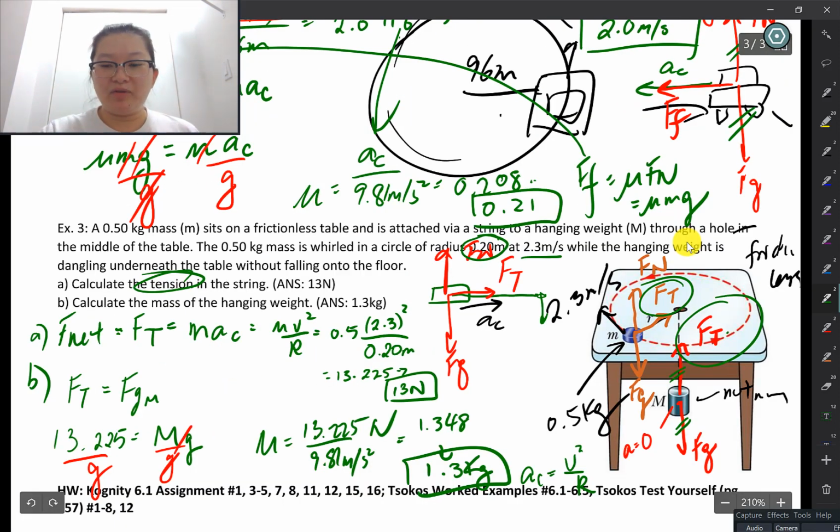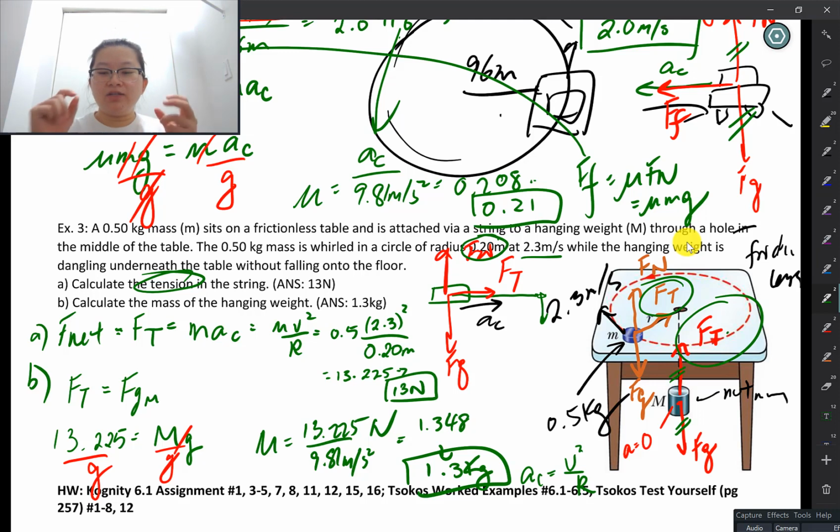So a little bit of perspective about the setup here. We might get a chance to do it in class, but imagine you have a small mass going around in a circle, and something has to keep it moving. If this mass goes a little faster, it's going to want to escape the table, and this hanging mass is going to want to come up.